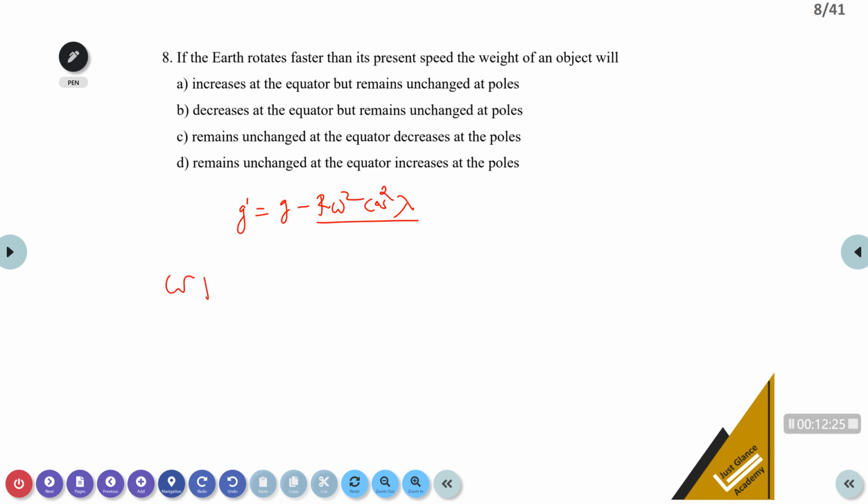Here, as omega increases, you are subtracting more quantity, so g dash will decrease. So it decreases at the equator, but remains unchanged at the poles. Why does it remain unchanged? Lambda equal to 90 degree, cos 90 equal to 0.